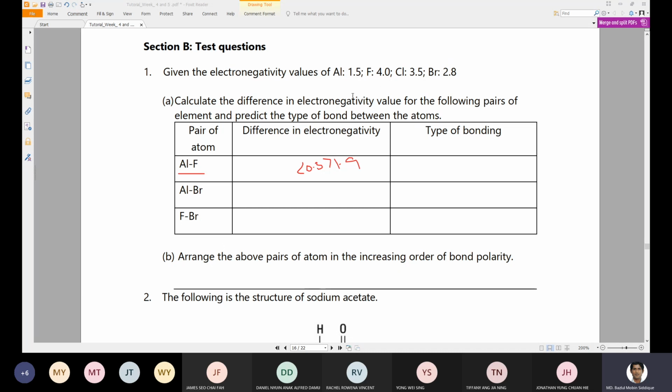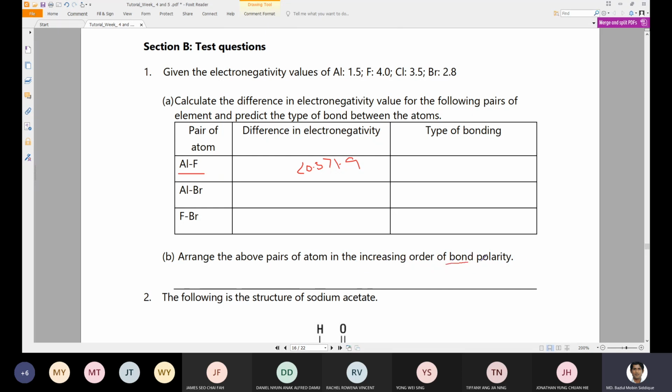Based on their pairs of atoms, the bond polarity. If we want to arrange the bond polarity based on their electronegativity, we have to find which one is more ionic or more covalent. And we have to write at the bottom that this arranges the above pairs of atoms in increasing order of bond polarity.